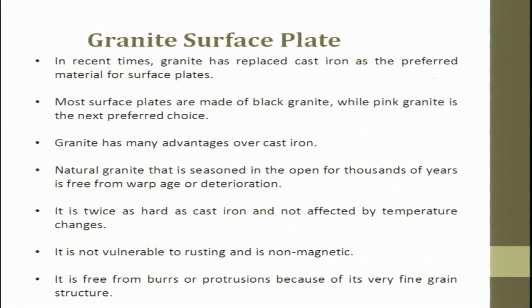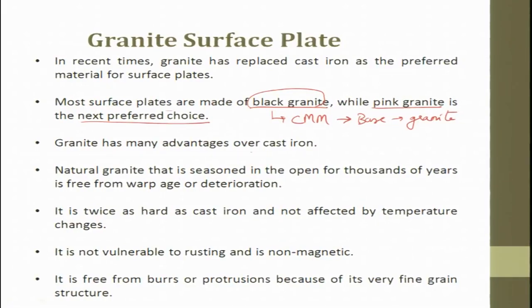Granite surface plates have started replacing cast iron surface plates. Most surface plates are made out of black granite, while pink granite is the next preferred choice. Black is very common. That is why, when you buy a CMM machine, a coordinate measuring machine, the base of this coordinate measuring machine is always granite.